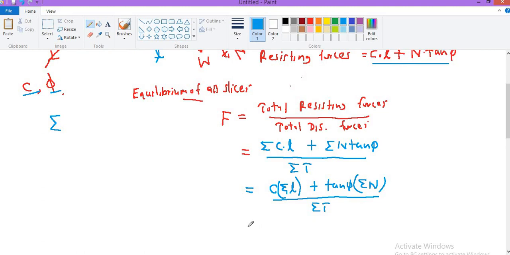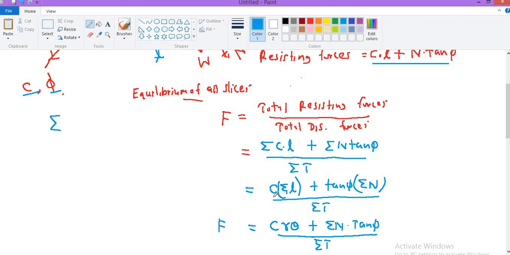So we can write this as C into r theta. Then I'm going to write sigma N separately and into tan phi. Then we have sigma T. So this is our factor of safety equation for this Swedish method of slices.